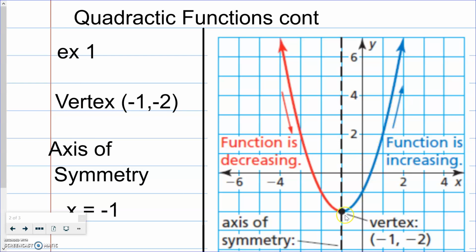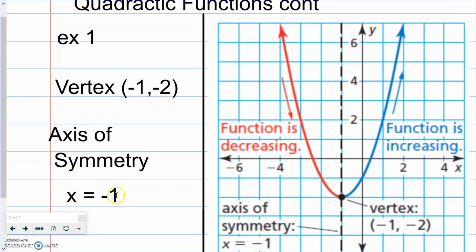Our vertex is (-1, -2). And our axis of symmetry goes through our vertex, and all we have to look at is our x part of our vertex, and so our axis of symmetry is x equals -1. It goes right through the x part of our vertex.